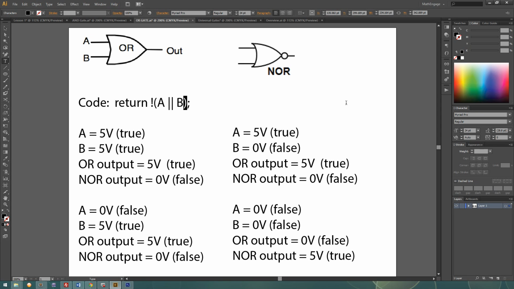We can again go through these scenarios, and you'll find that the expression inside would be an OR gate, and then what it returns is going to be a NOR gate, which completely makes sense. So again, go through these scenarios yourself and ask me if you have any questions, but I'm pretty sure it's self-explanatory.